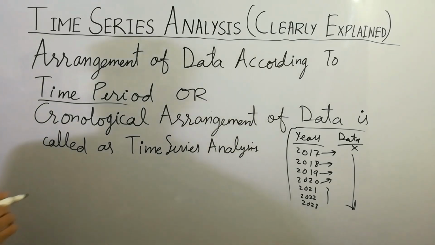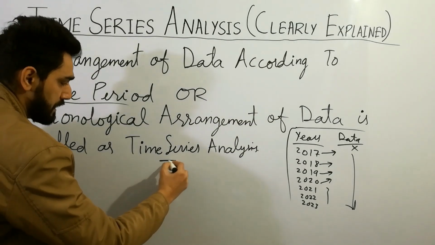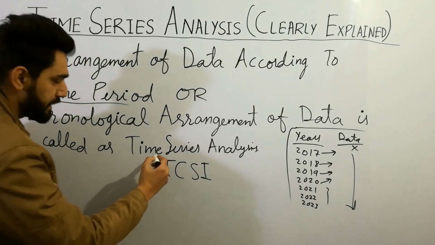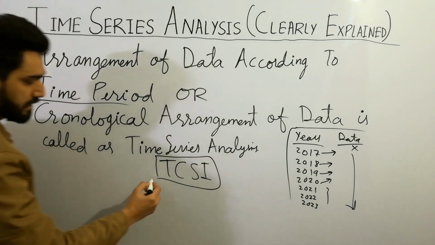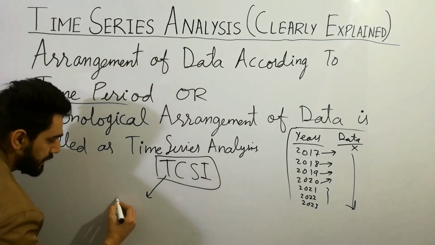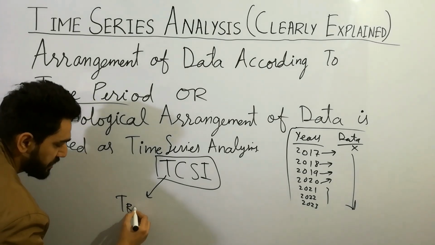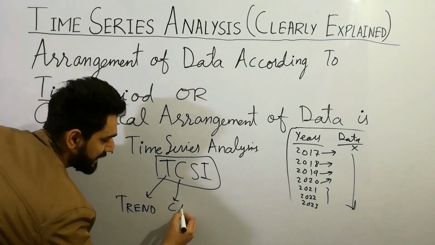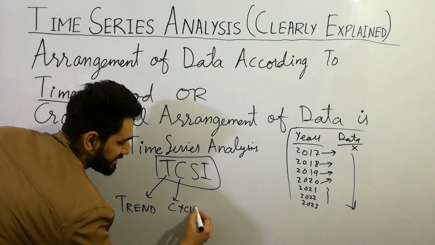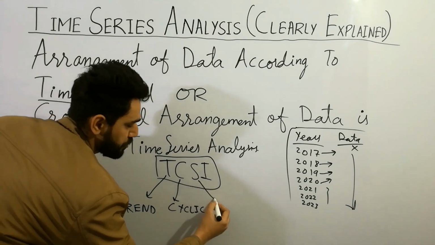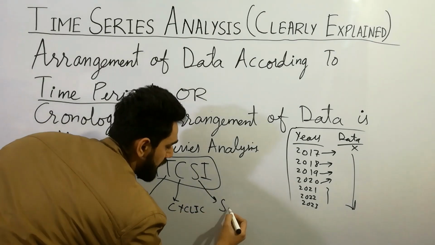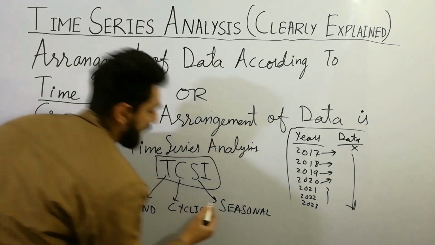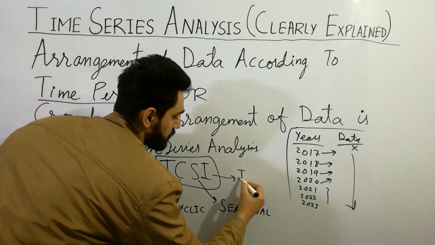Must remember that time series analysis has four components: TCSI. Number one, T shows trend. C is cyclic. S shows seasonal. And I shows irregular.